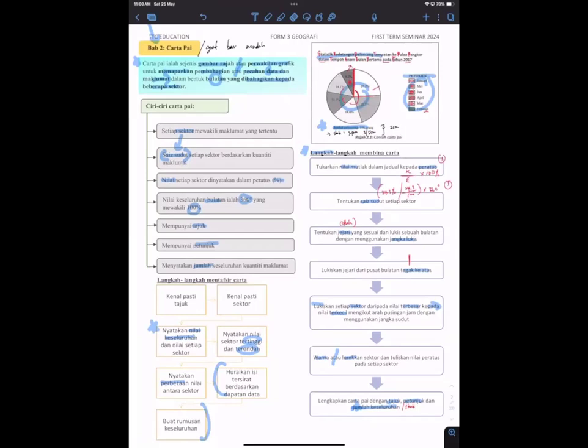So I'm actually trying to crop the answer for your page 11, guys. So guys, prepare your answer. Yeah, for page 11. So we are going to start the class now. I'll pause the screen later.